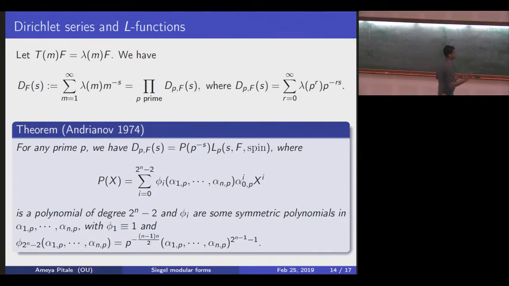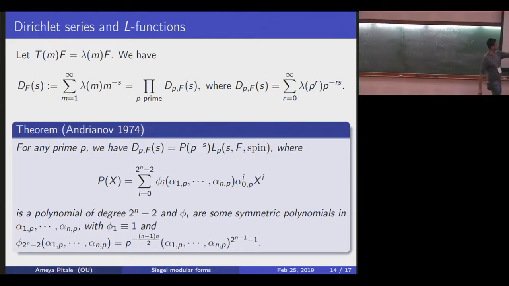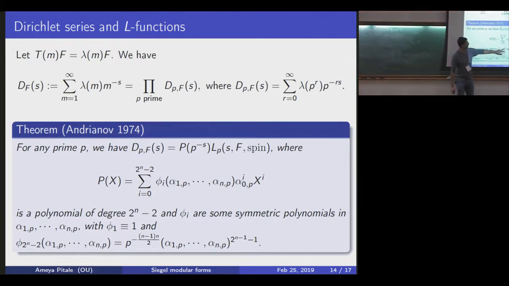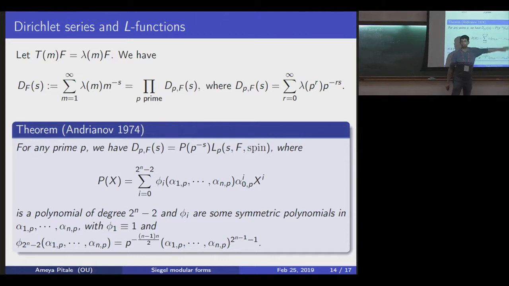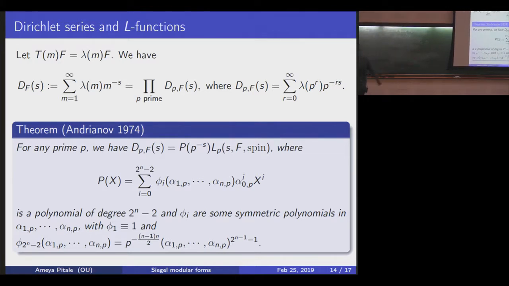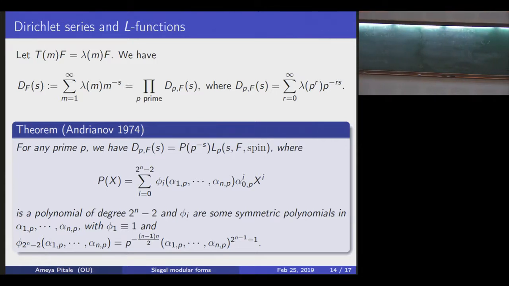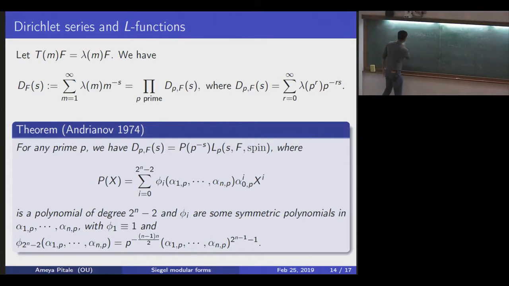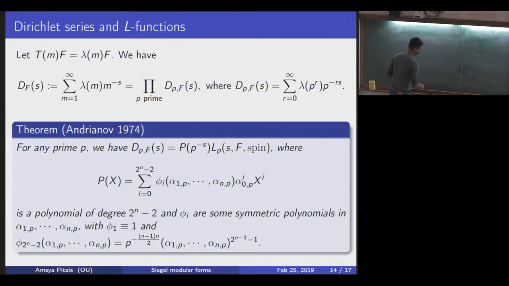So for example, if my n is equal to 1, this is degree 0, and the Dirichlet series actually computes the L factor, which is exactly what we know from our elliptic modular form story. If genus n is equal to 2, then 2^n − 2 is equal to 2, and so you have a complicating factor. But in this case, you can actually write down what it is, and it's a very nice, simple one.